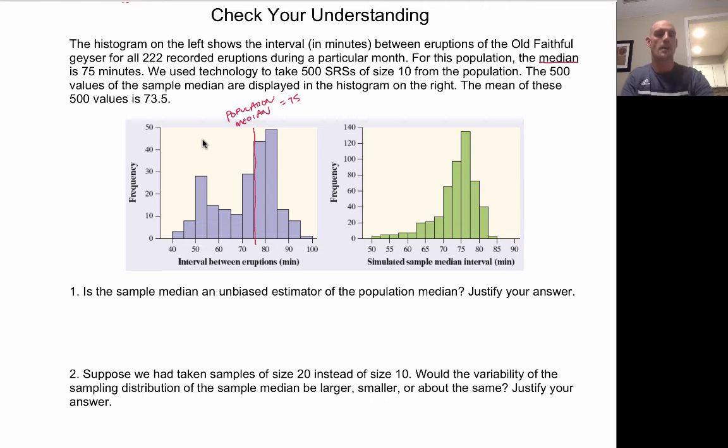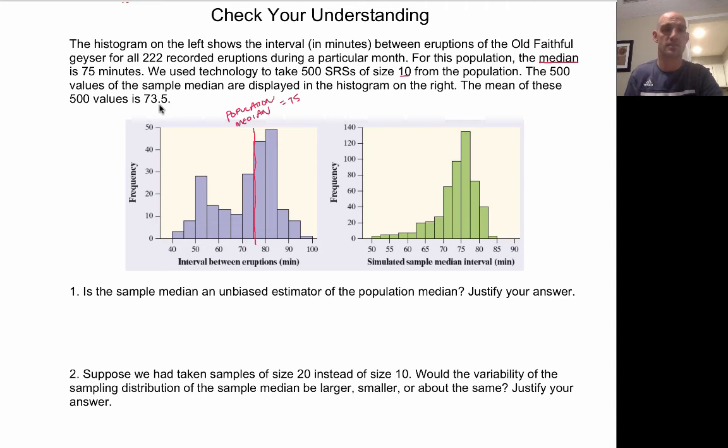Okay, so the population median is equal to 75. And so on the right, we have a simulated sample median interval time in minutes. So we use technology to take 500 random samples of size 10 from this population of 222. So the 500 values of the sample median are displayed in the histogram at the right.